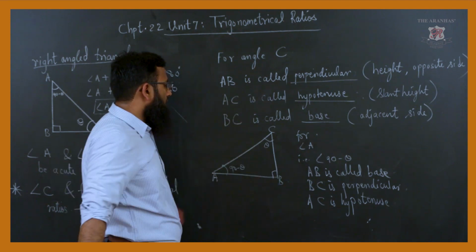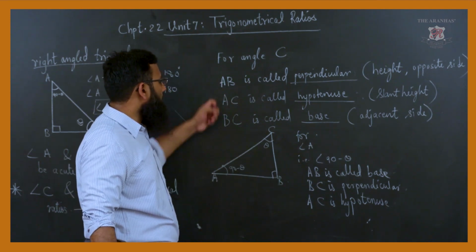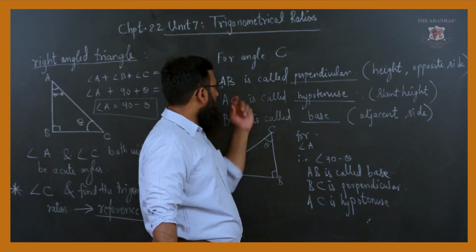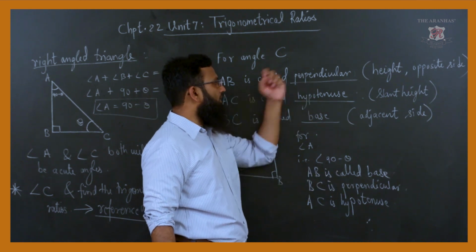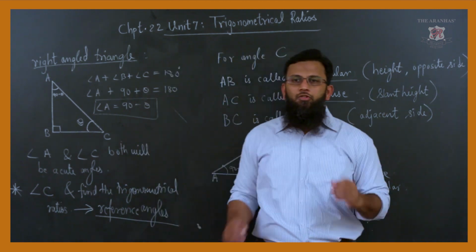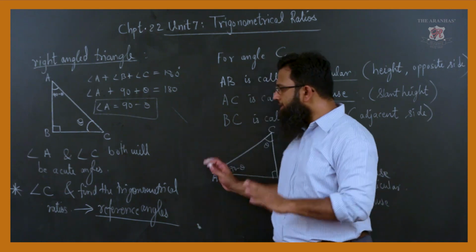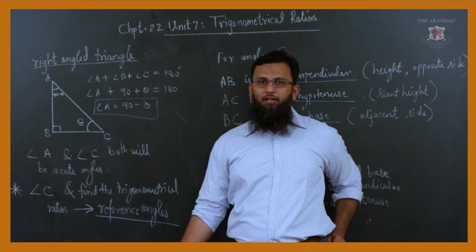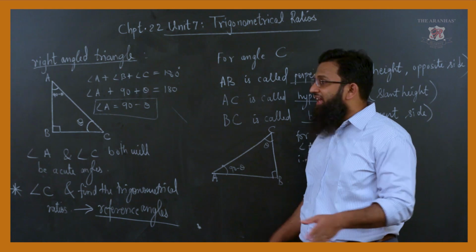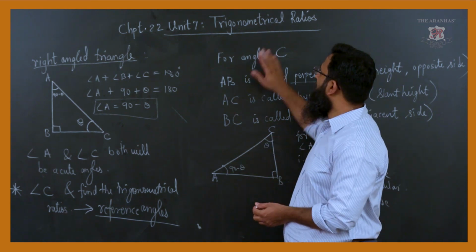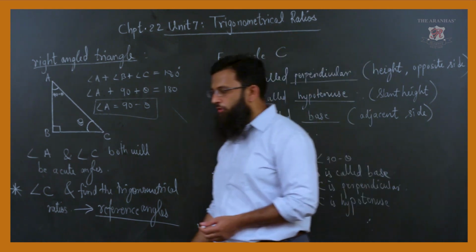If you see, besides the hypotenuse, the remaining things get interchanged. AB becomes base; in the previous case AB was the perpendicular. So I hope you understood the concept of what reference angles are. Now let us proceed further in finding the ratios.